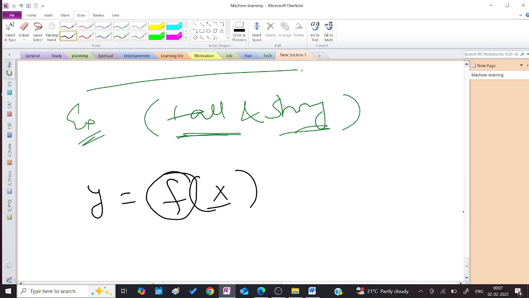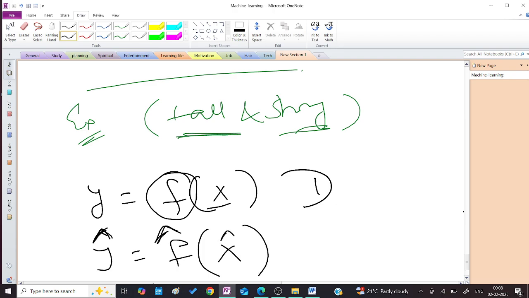We already have a labeled training set, and then our main goal is to predict for the unknown data.